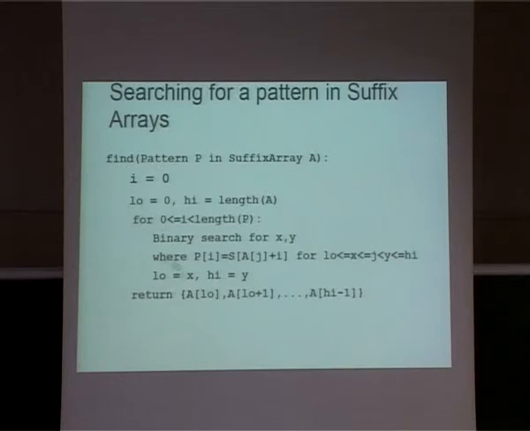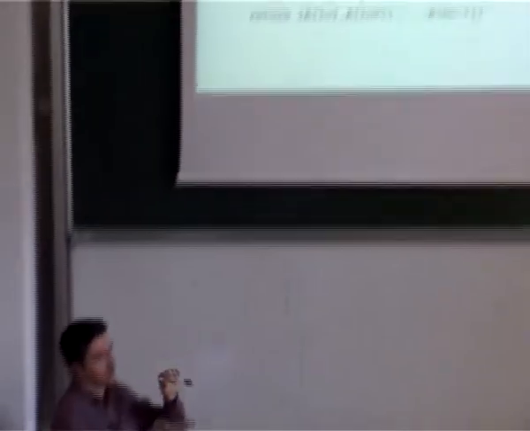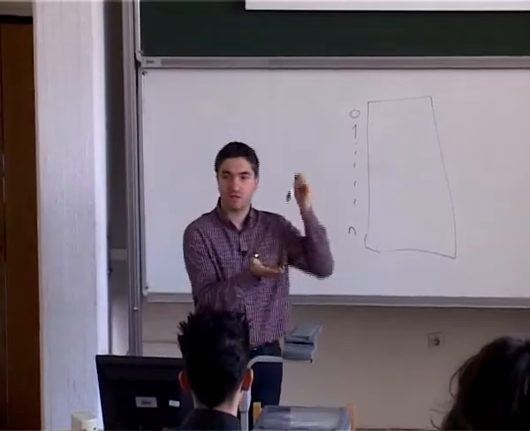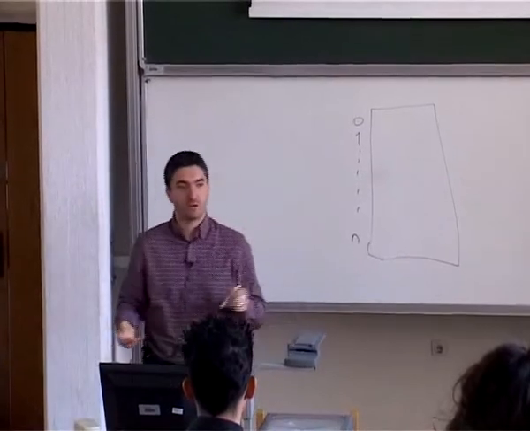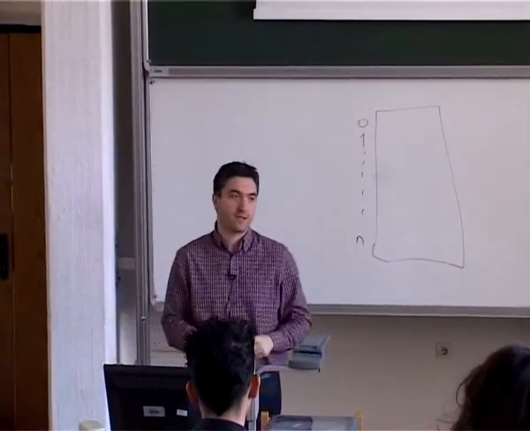Within this for loop, we conduct this search until we go all the way to the end of the characters of pattern P. If, at the end, low is greater than high, it means that we haven't found our pattern. Otherwise, all the suffixes that contain our pattern as a prefix are returned as a result. So it returns all the occurrences of the pattern in the string.